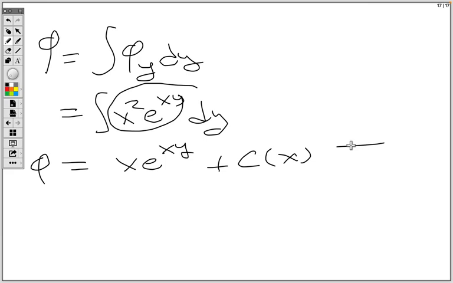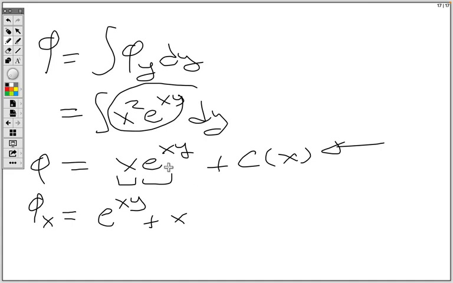Now to figure out the dependence on x, if any, I would then turn around and take the derivative with respect to x. Taking the derivative with respect to x would require the product rule. So I'd get an e to the xy plus x times the derivative of e to the xy with respect to x, so e to the xy times y, plus c prime of x.